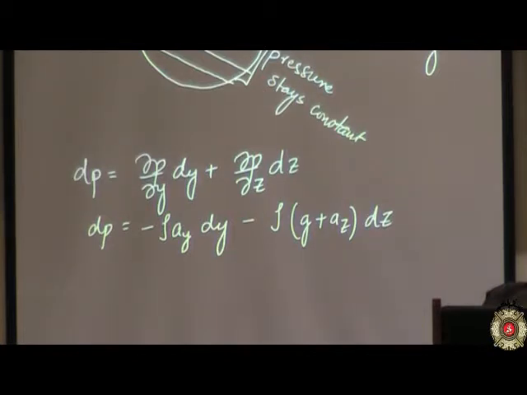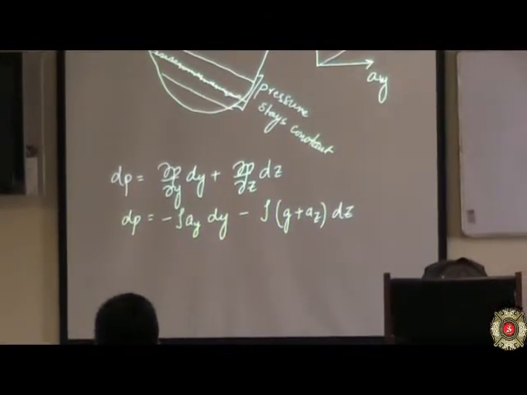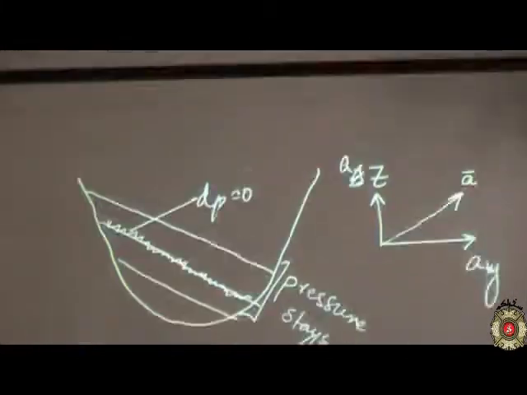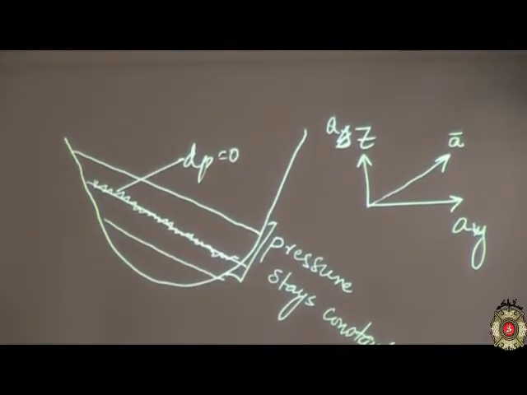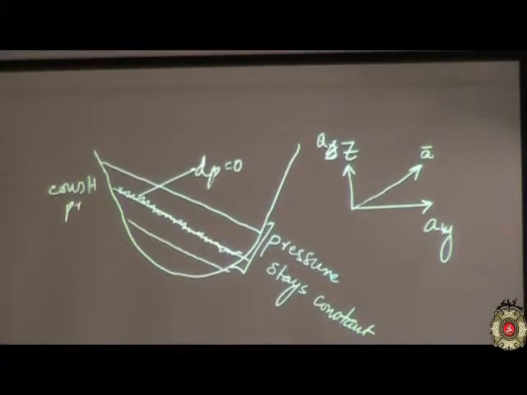So along this line, is there any variation? This dP term is 0 along these lines. These are constant pressure lines. Because of the acceleration term, this has happened like this along this line.